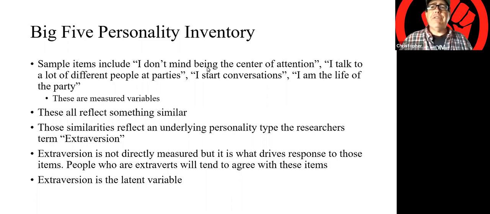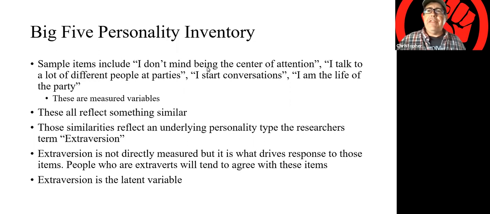But one thing we can see with those items is that they all reflect something pretty similar. If you think about the sort of person who would endorse these sorts of things, somebody who's very outgoing, very energetic, loves to talk to people, they all reflect something very similar.